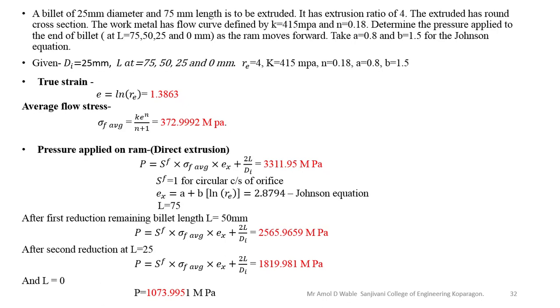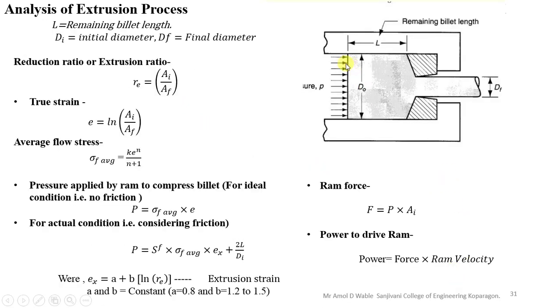So here what they have asked is to find out the pressure when the length is first 75 mm. Afterwards, when you apply pressure, the length will decrease, and to some extent L will become 50. So at that 50, what will be the pressure on the ram? Again, when you move the ram further towards the right side, the value from 50 will become 25. So at this 25, what will be the pressure on the ram?